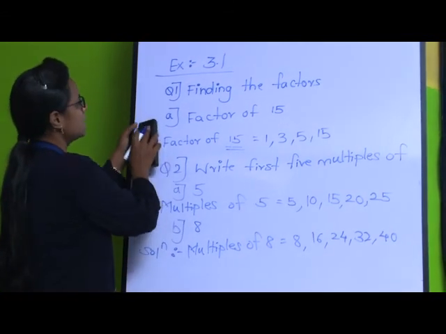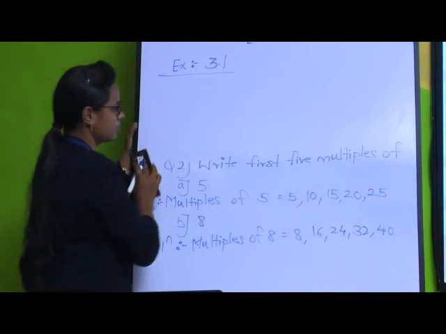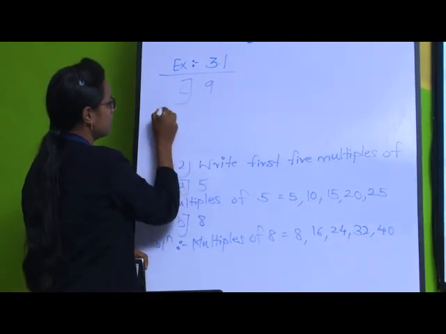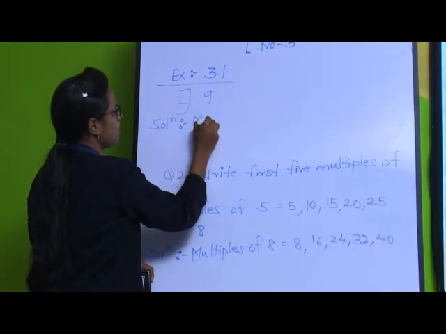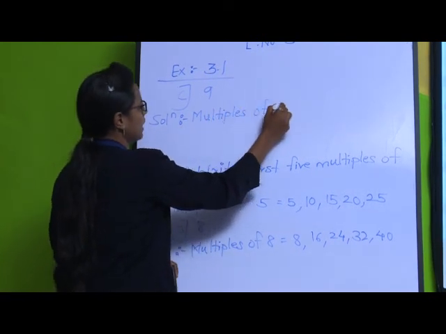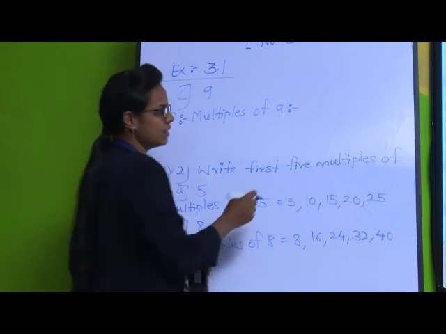One more example we will solve, C, that is 9. Solution: multiples of 9. So what comes? Can any one of you tell?